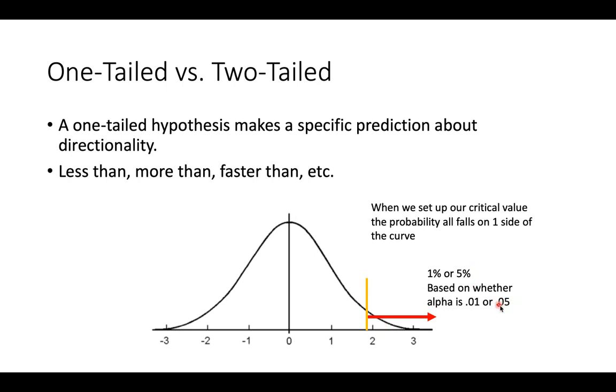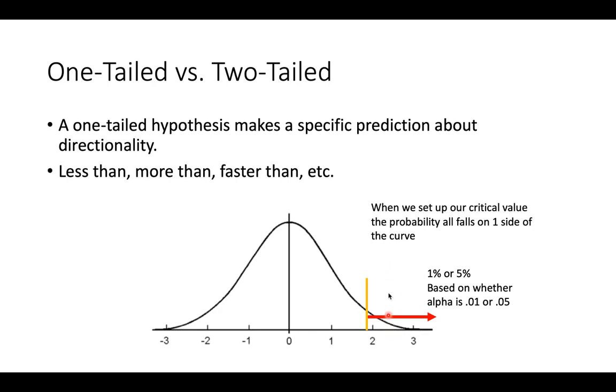And using alpha equals 0.05 to find our critical value finds us that exact place on the curve, our line in the sand, where 5% of people are above it in this case, and 95% of people are below it. So this is our marker of extremity. If alpha was 0.01, then this would be the place. It would be further over in the curve, right?